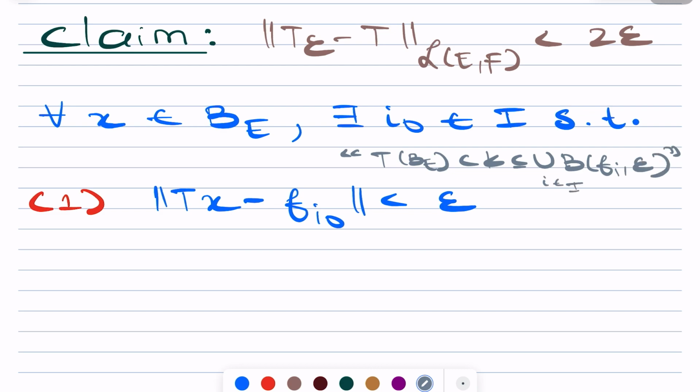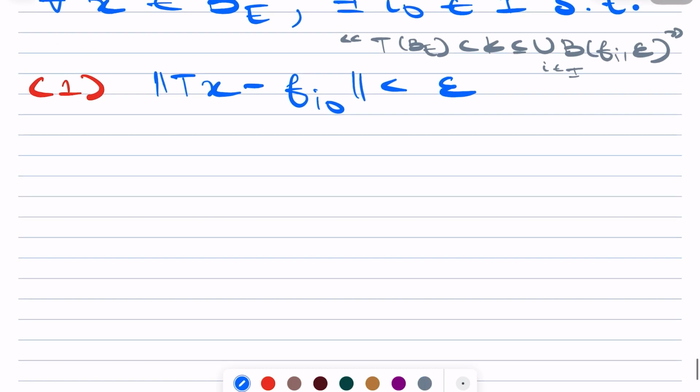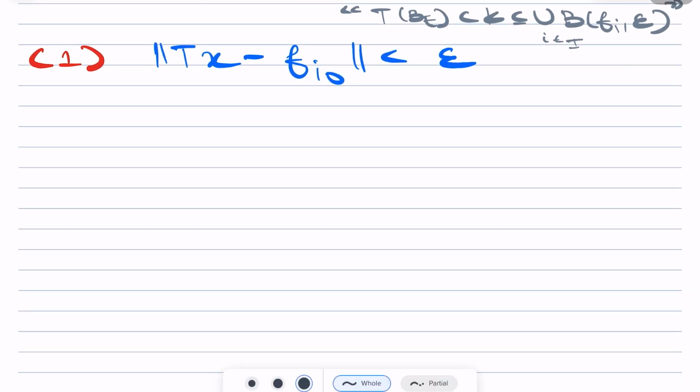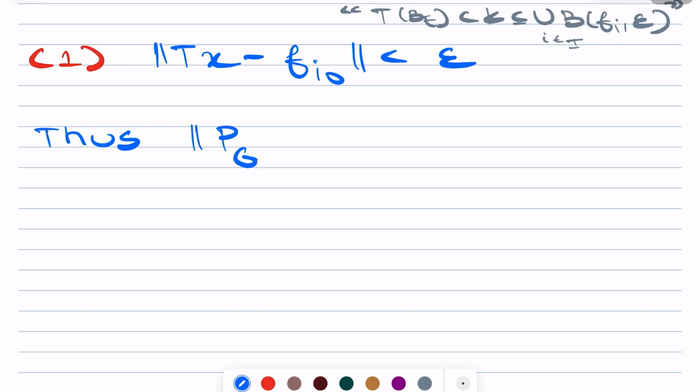Thus, the norm of the projection onto G composed with T at x, minus the projection of Fi0, is strictly less than epsilon.